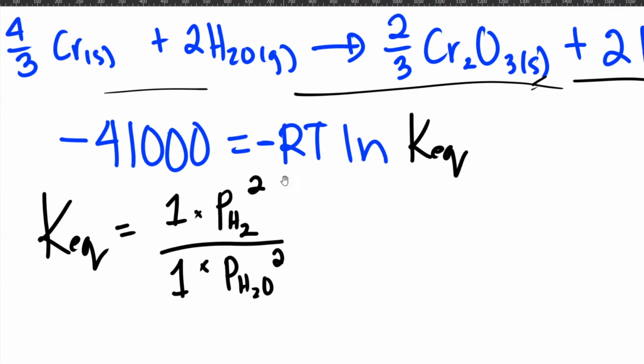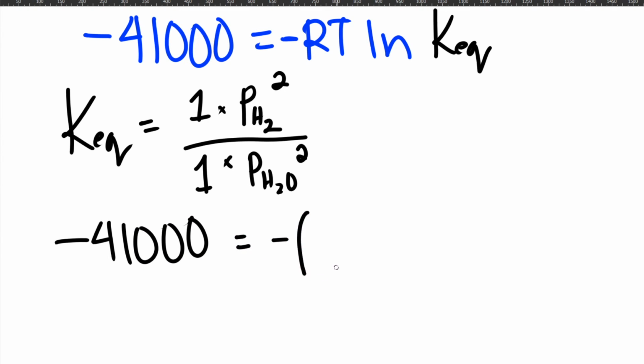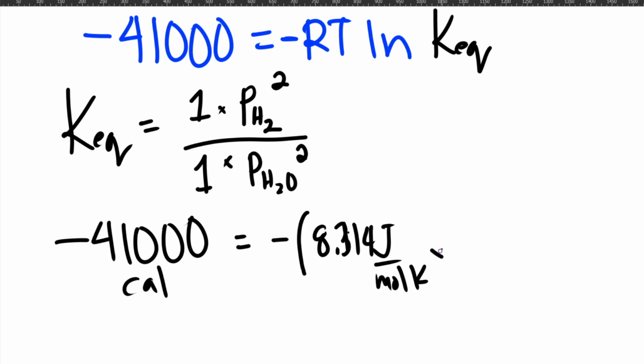Now, we make space for this back here. Anyways, negative 41,000 is equal to negative, R natin is 8.314 joules per mole Kelvin. But remember, this is at calories, so we need to convert this to calories.